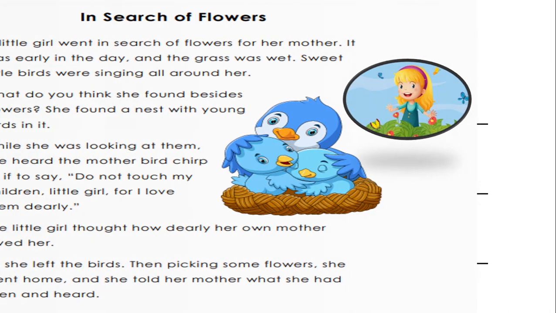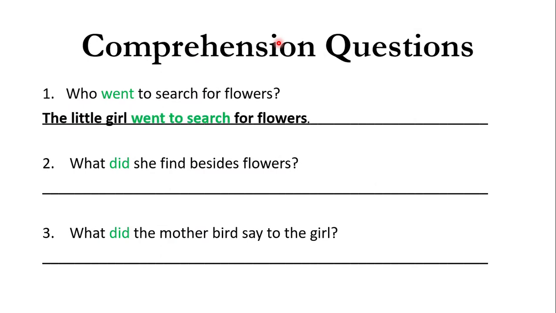So the little girl went to search for flowers. I gave the answer in the past tense because the question is in the past. Went is the past of go. So here the answer is also went in the past. The little girl went to search for flowers.